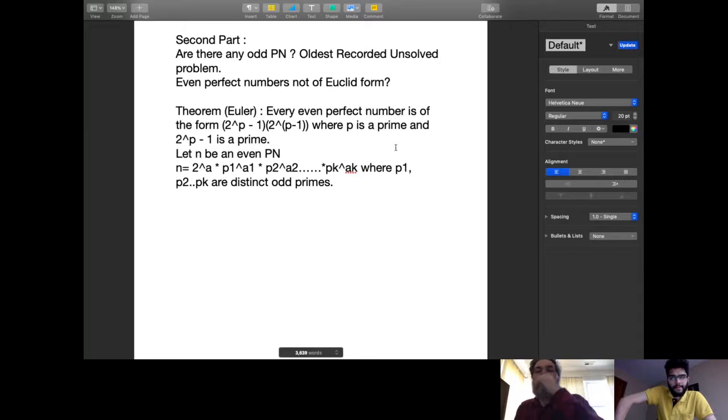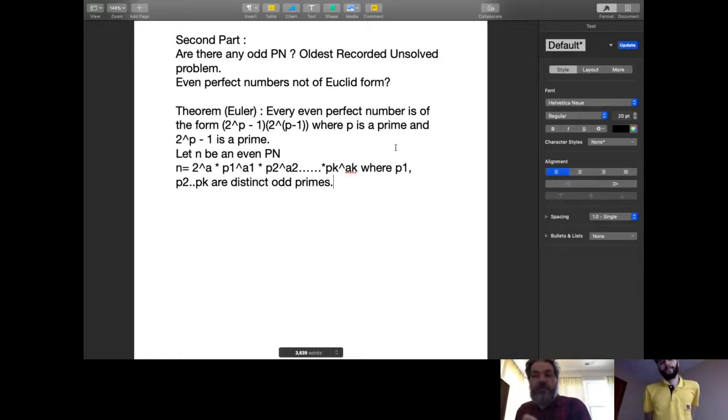Now, don't write anything, but just for those who are watching, this is p sub 1, p sub 2, and so on. Don't complicate the notation. It's already complicated. It's not p times k, it's p with subscript k, and the same for the exponent, it's a sub k. Just leave it as is.